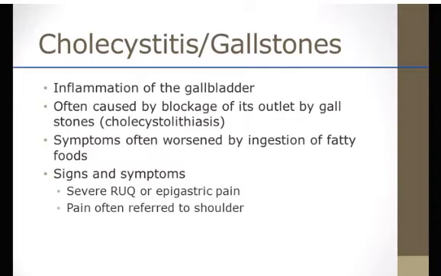Okay. So severe upper right quadrant or epigastric, that top of the stomach type pain, and oftentimes this is referred to the right shoulder. So a good thing to ask your patient is if they've ever had a history of gallstones. If they have, it's much more likely that they're having another episode.